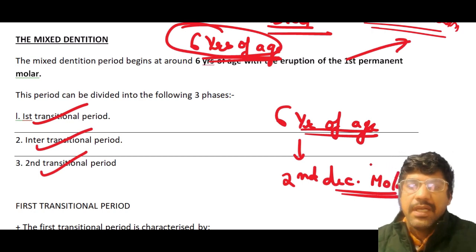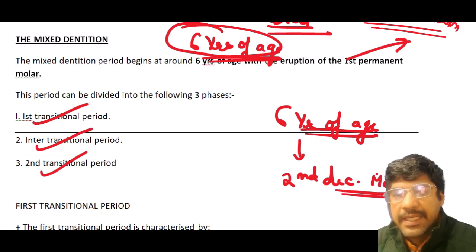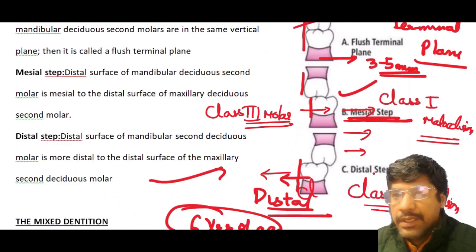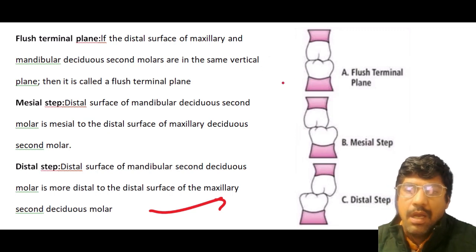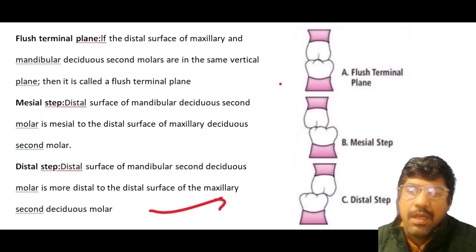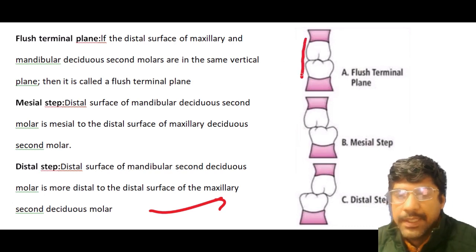Now the mesiodistal relationship between the distal surfaces of the upper and lower deciduous second molars can be categorized into three types. The flush terminal plane refers to the situation where the distal surfaces of the upper and lower second deciduous molars align in one vertical plane.